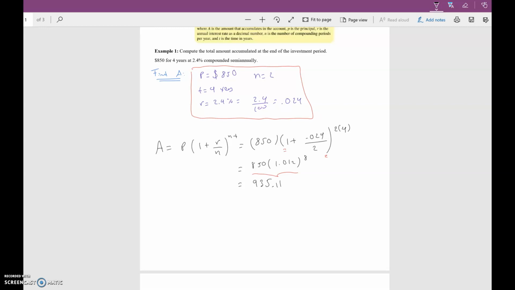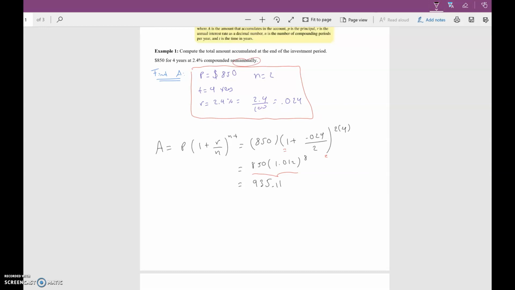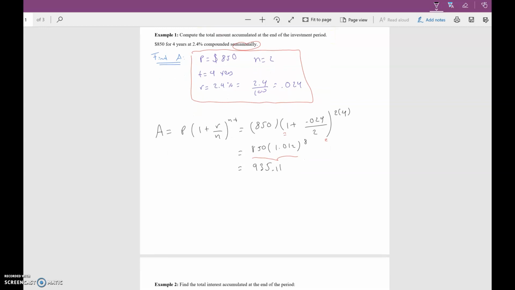So at the end of, in this case, the 4 years, and this investment receives interest twice a year, they're going to have a total of $935.